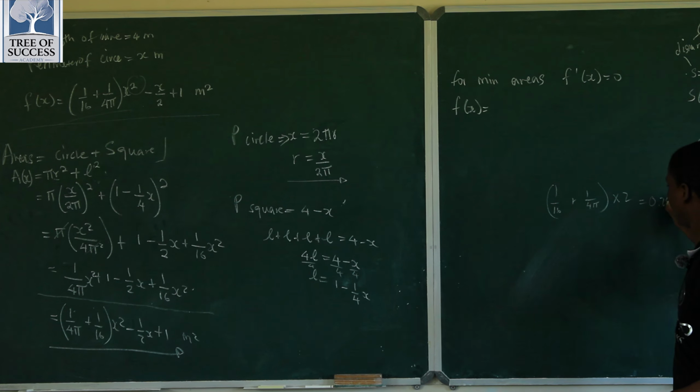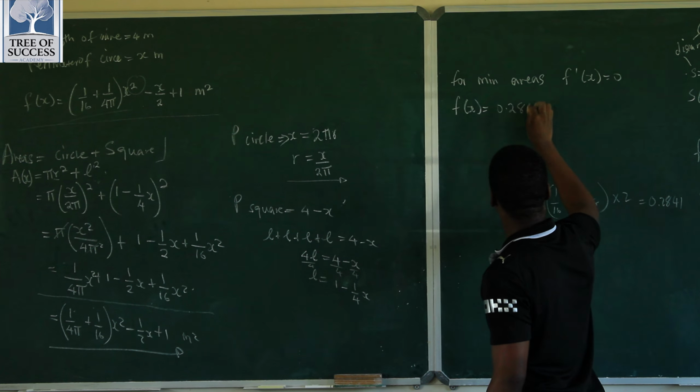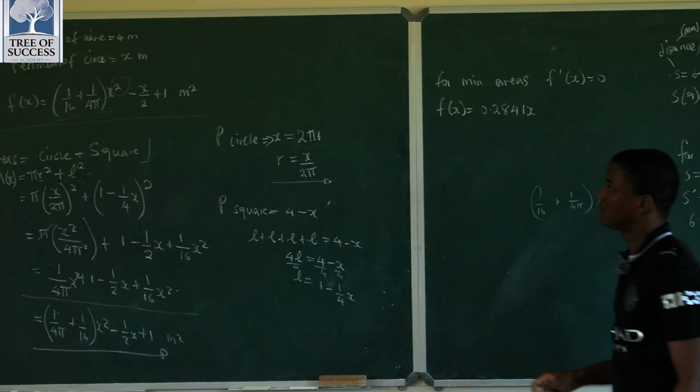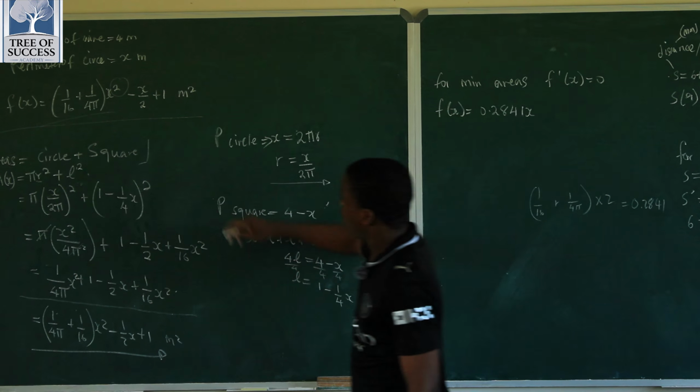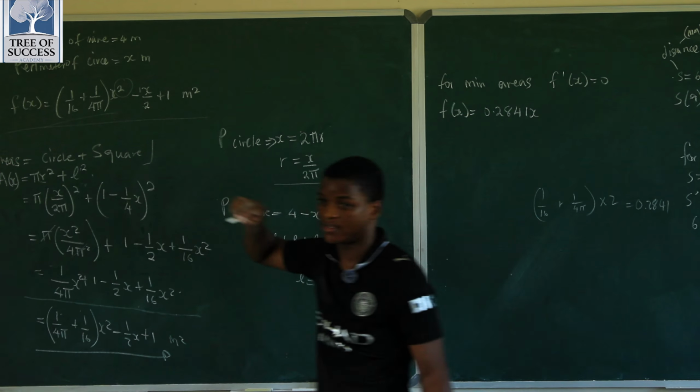0.28. Let's take 4 decimals, because we haven't reached the final answer. Should say it's 0.2841x, right? And then we know that this one is 1 over 2x, right?